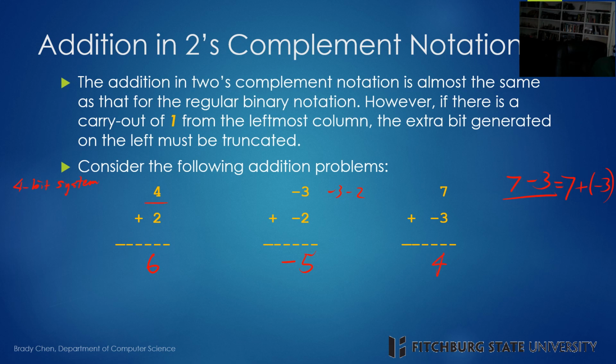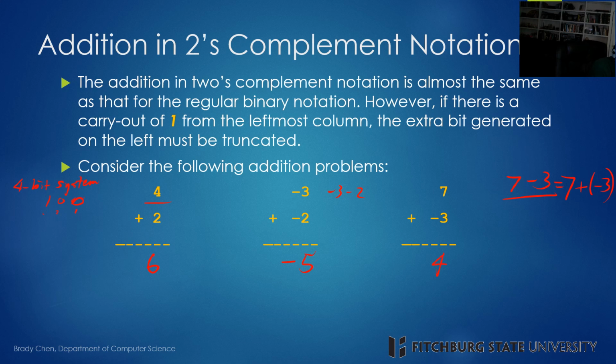We convert the number 4 into 2's complement notation. Because it's a positive number, it's the same as binary notation. So 4 is 1, 0, 0, that's 1's position, 2's position, and the 4th position.